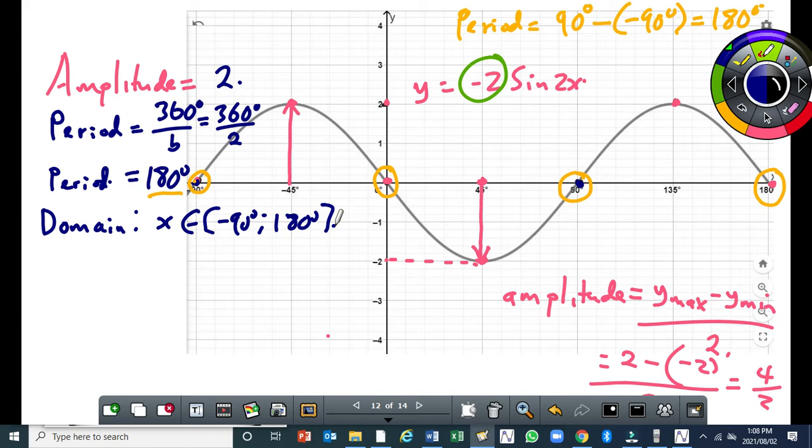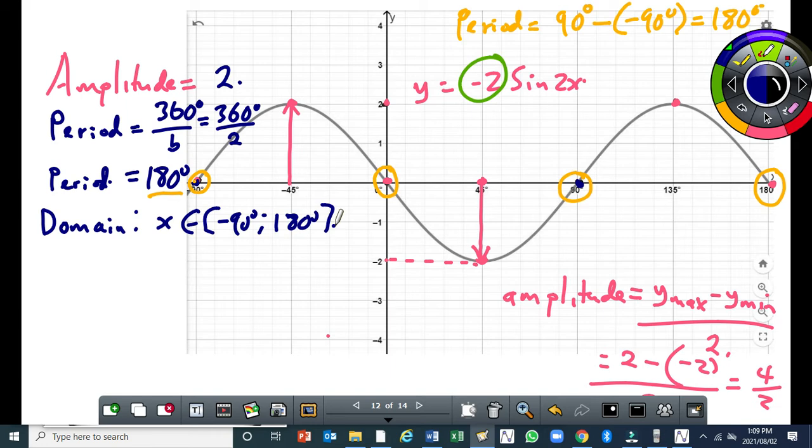Don't confuse amplitude. You cannot get the amplitude directly from the equation, but you can use the coefficient of the sine.